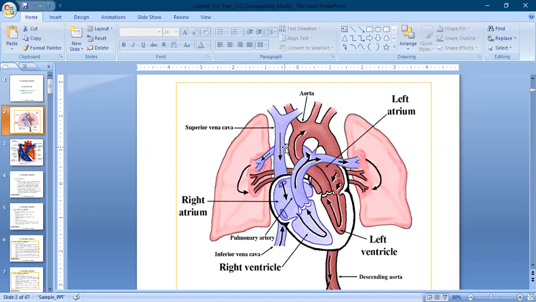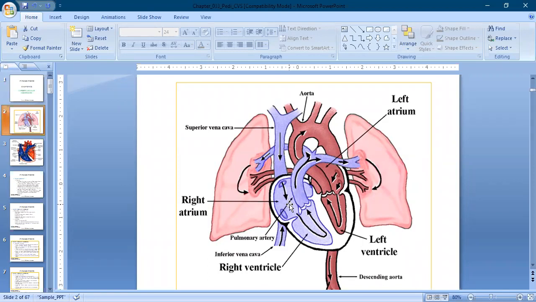When blood drains from the upper or lower extremity to the right atria, this blood is deoxygenated, meaning the blood contains carbon dioxide.